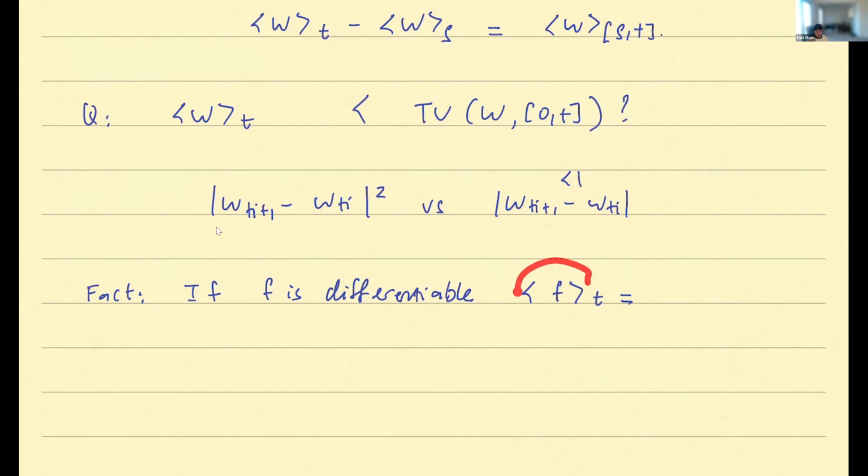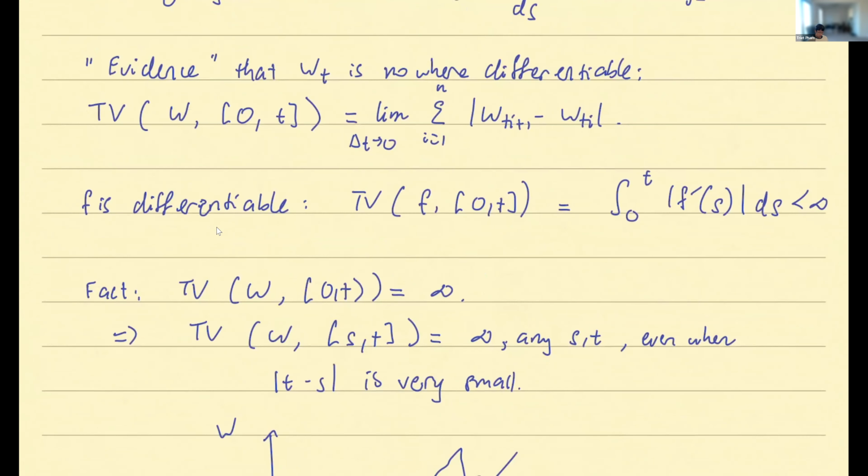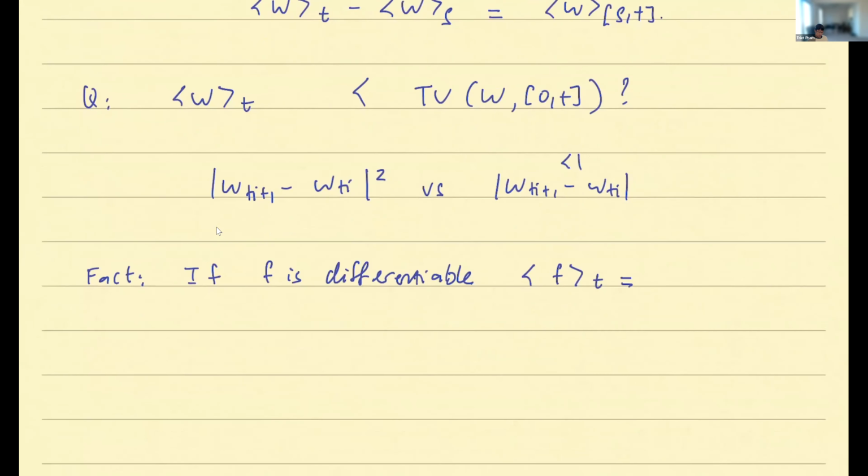It should be differentiable, but even better. If a function is differentiable, the total variation is infinite. So what do you think happens to quadratic variation? The quadratic variation is even better than differentiable. It's just 0.